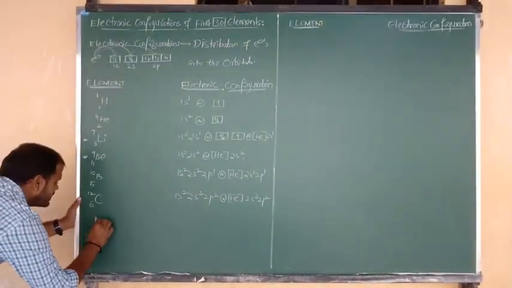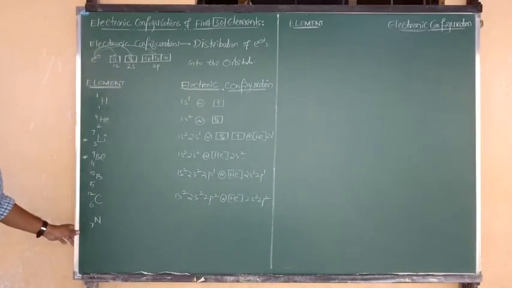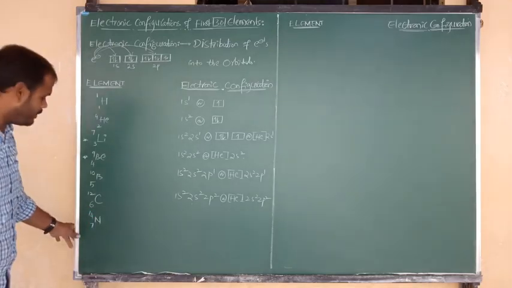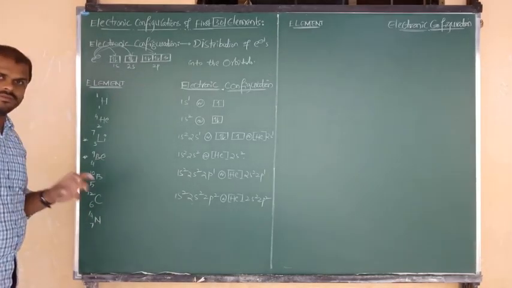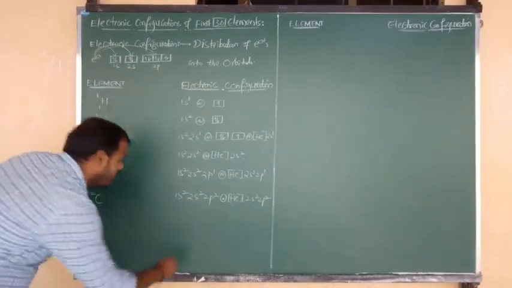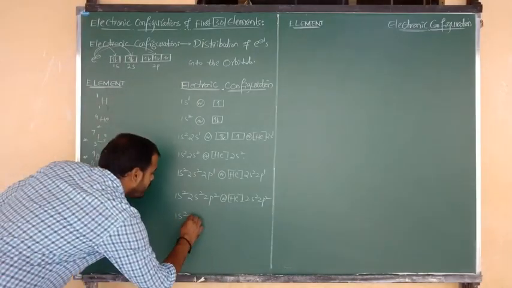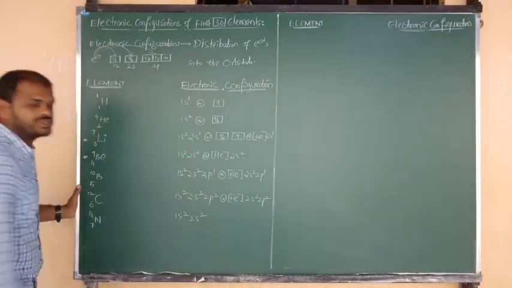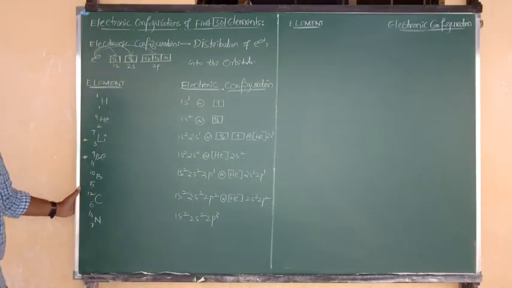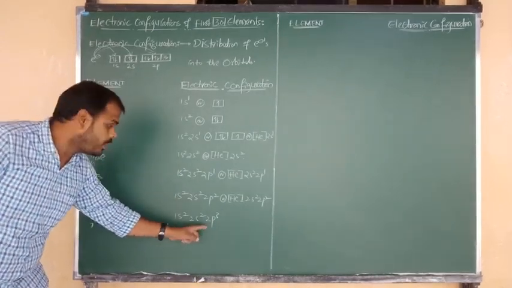Next one is nitrogen. What is the symbol of nitrogen? Atomic number 7. What is the mass number? 14, exactly double. So N with 7 and 14 is the symbol of nitrogen. Total 7 electrons are there. Out of 7, 2 electrons are distributed into 1s2, 2 electrons into 2s2, and the remaining 3 electrons into 2p3. Shortly, helium 2s2, 2p3.